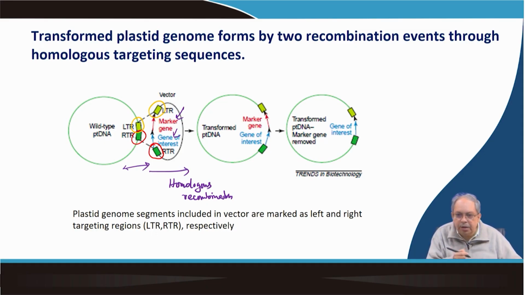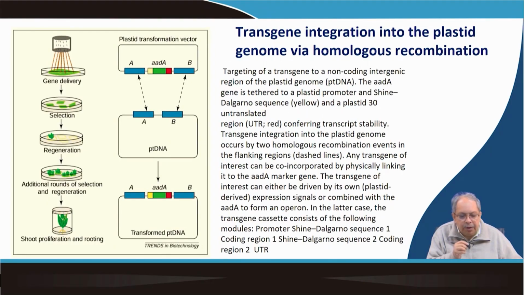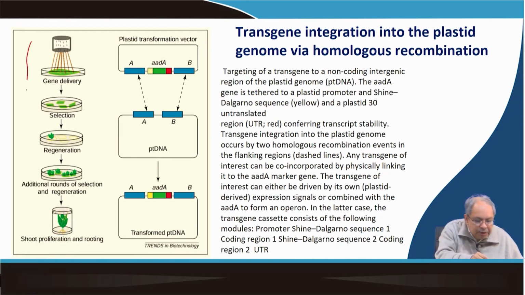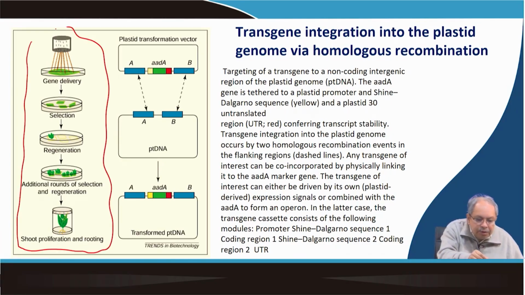There are different techniques for removal, which I am not going to discuss. This is the process: first you bombard, then selection, finally regeneration, then an additional round of selection to make sure homoplasmy is achieved, and then you check for the traits or the products.